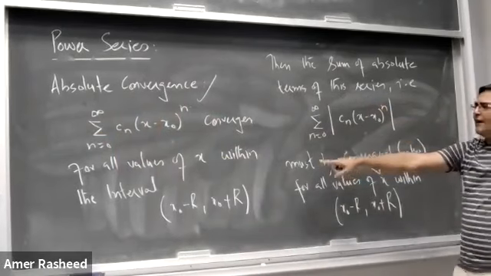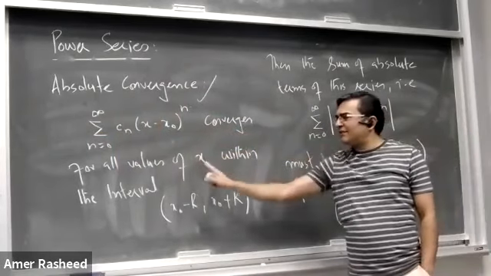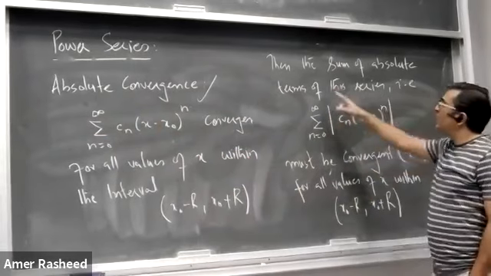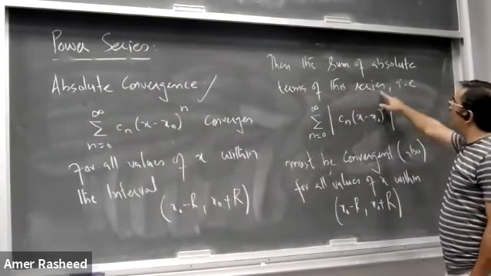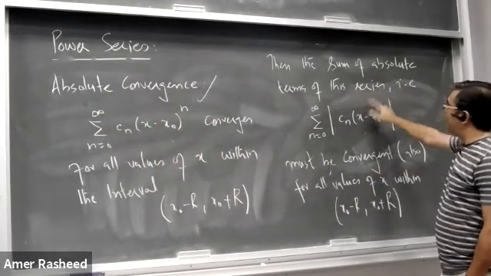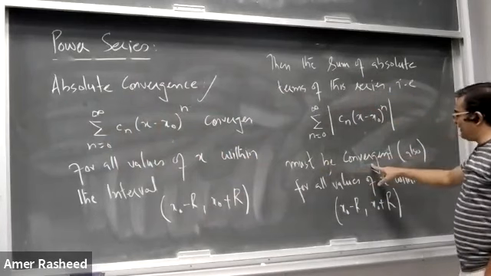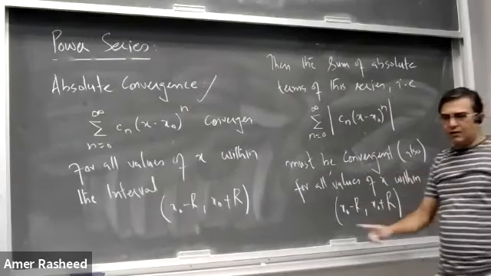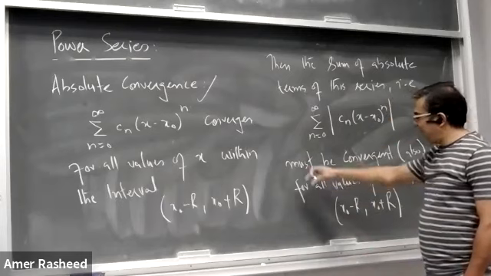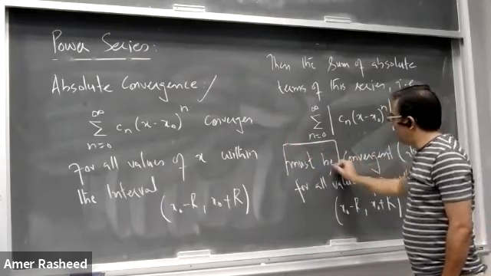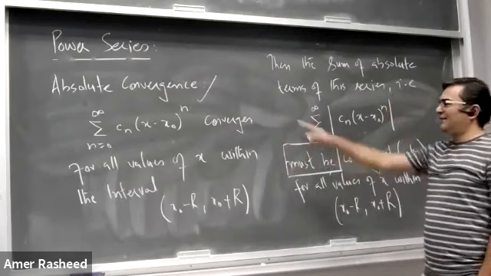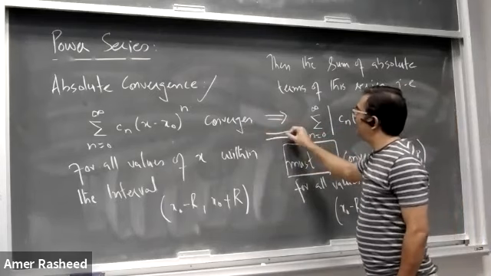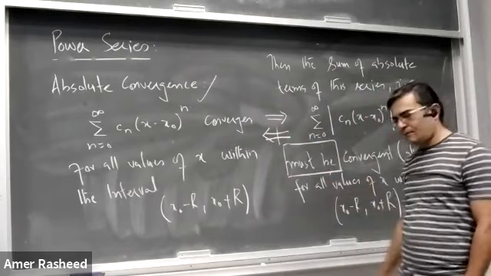I wrote this here because if this series converges for all values of x within some interval, then the sum of absolute values of the terms of this series must be convergent for all values of x within the same interval. This must be so if this is convergent. This implies that, but the reverse doesn't imply.